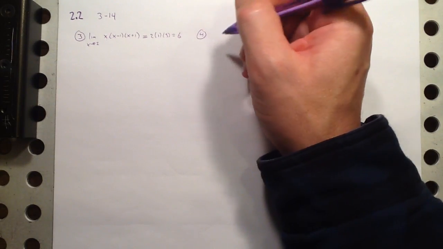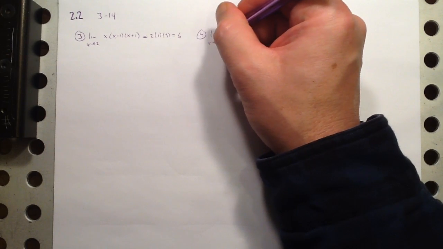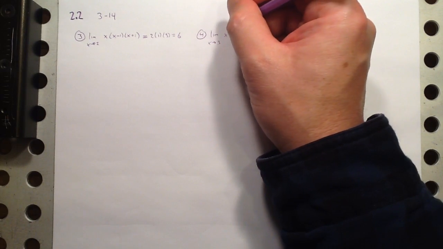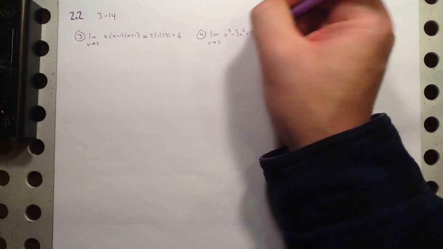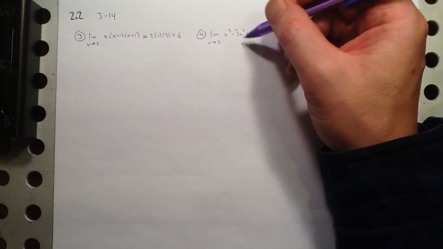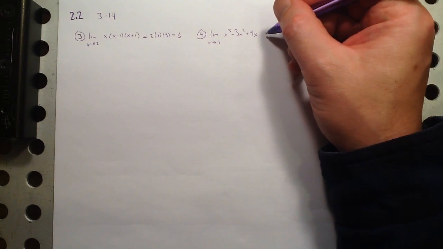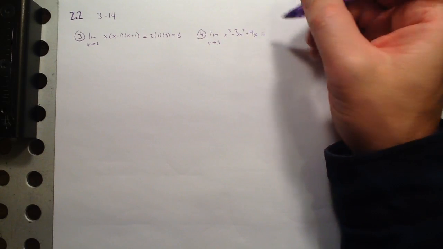Number 4. How about the limit as x approaches 3 of x cubed minus 3x squared plus 9x. I know your algebra instincts are champing at the bit to factor that, but it's not necessary here because all we need to do is plug in 3.